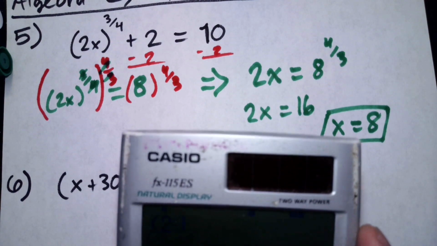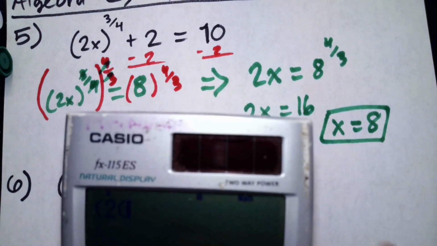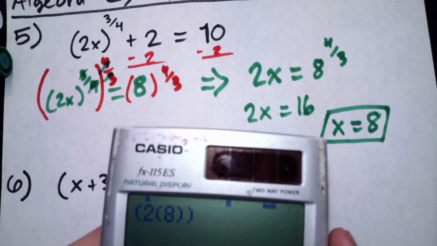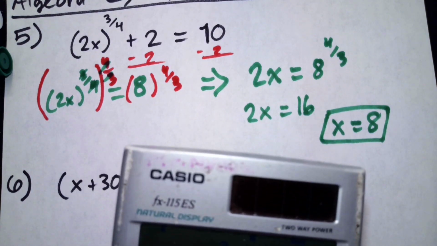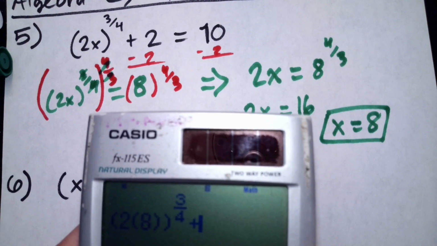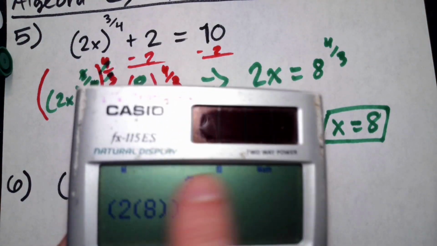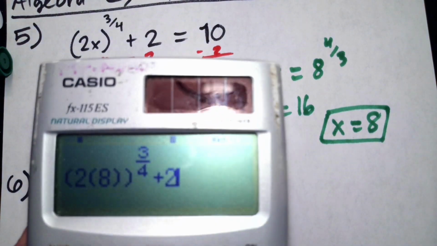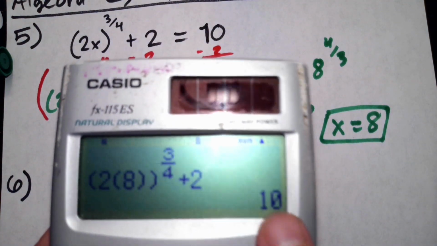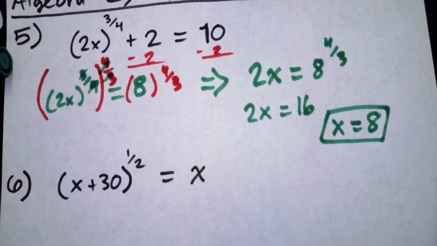So we have 2 times the x which we just found, which is 8, and then we're sending that to the power of 3/4, and then we are adding 2. And so if this result is 10, that means that this should be the actual solution. Let's see. It is 10. That tells me that we got the correct solution. This is not extraneous.